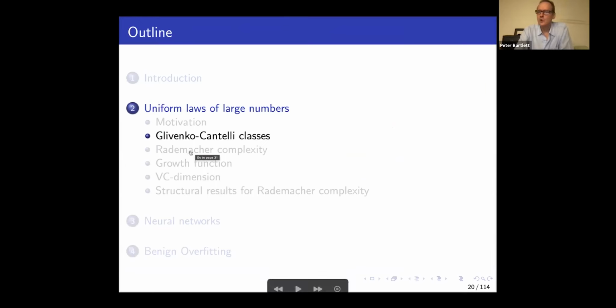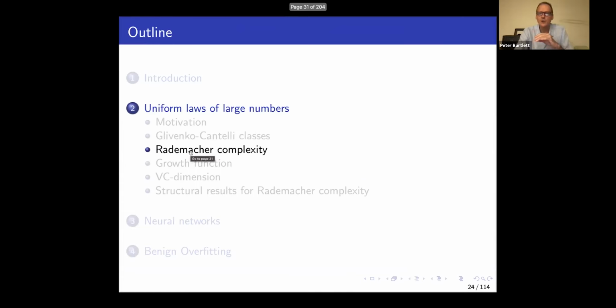And as we get quantitative about these maximal deviation inequalities, we're going to be able to say, for a certain class of functions, this difference between the risk and the empirical risk is bounded by such and such a term in terms of the sample size, in terms of complexity properties of the class of functions that we're working with.